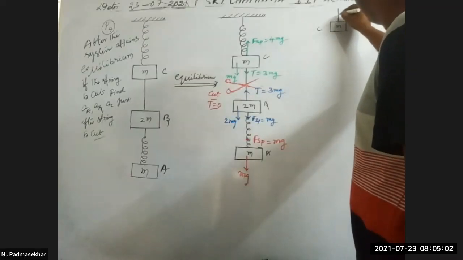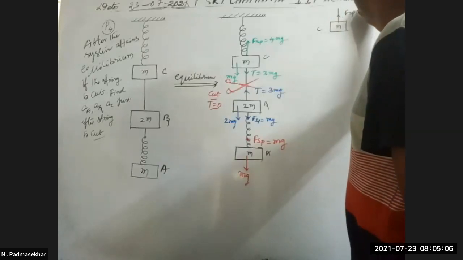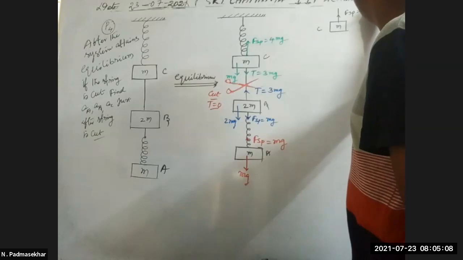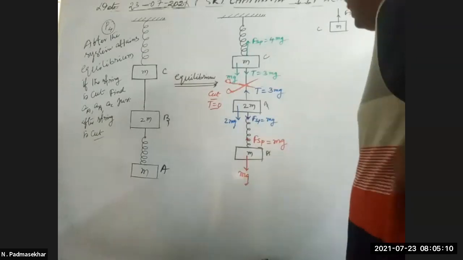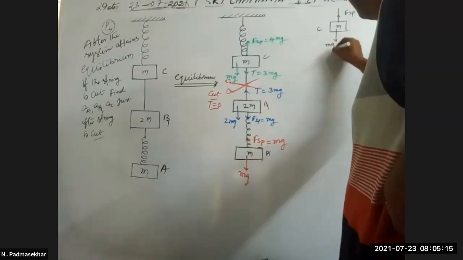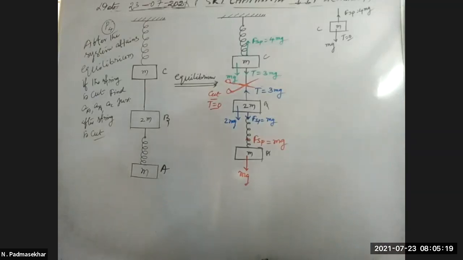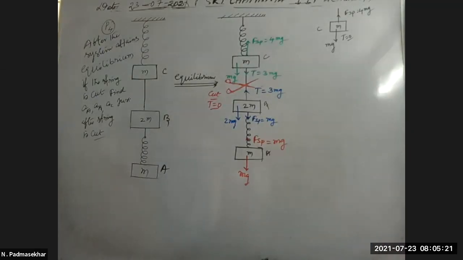On this spring there is a force FSP equal to 4mg, and in the other direction there is only mg, no tension. The tension is not equal to 3mg; the tension is equal to 0.